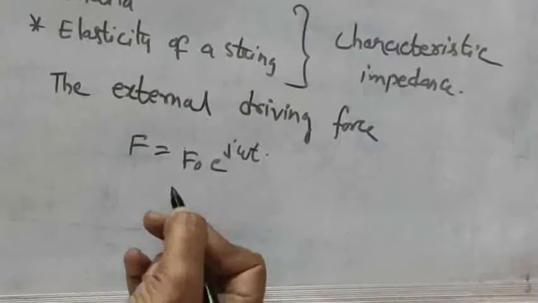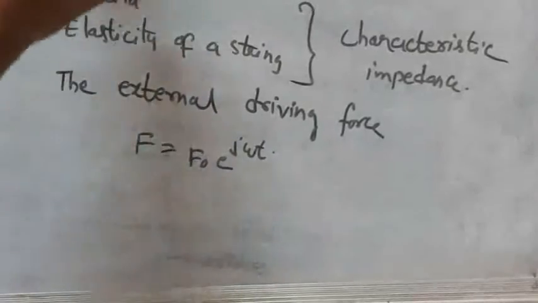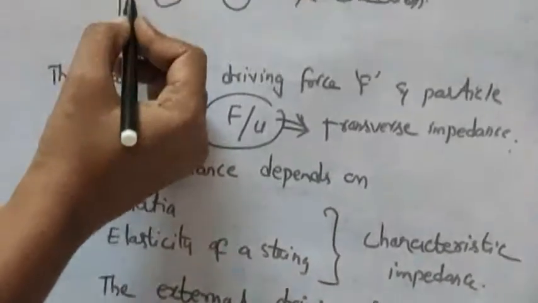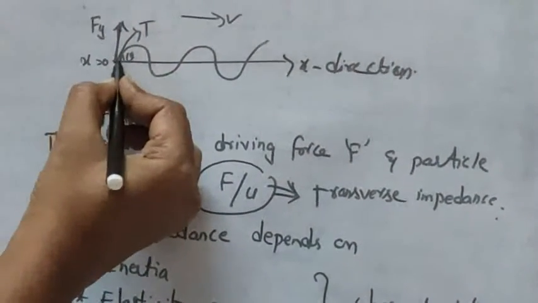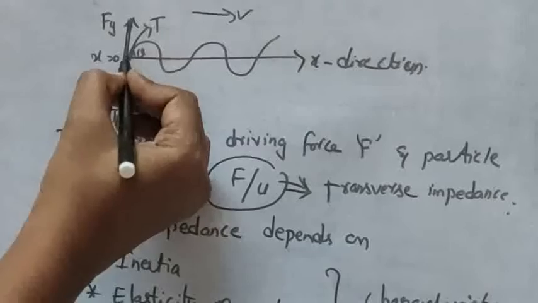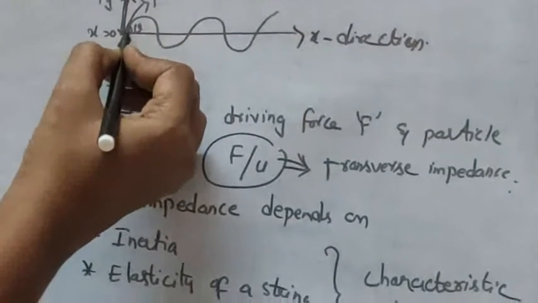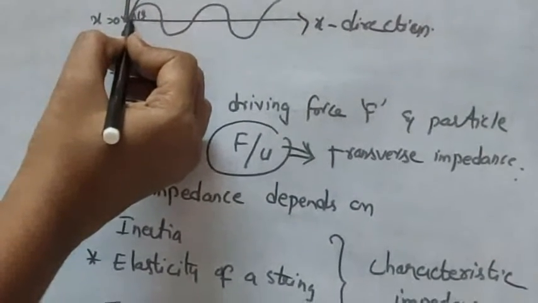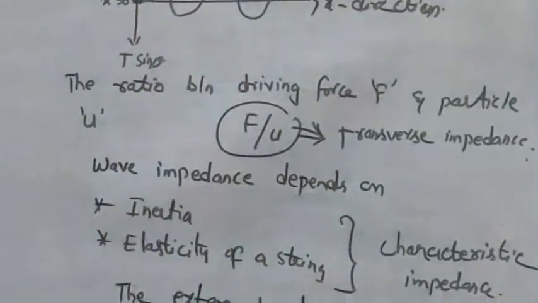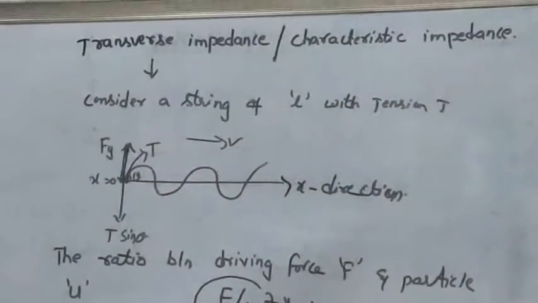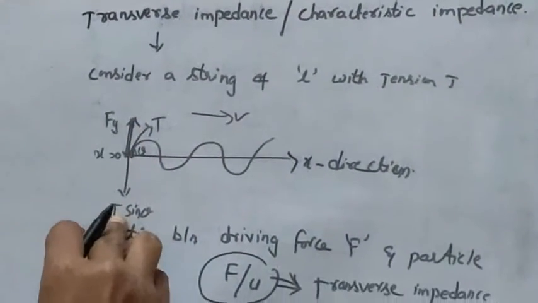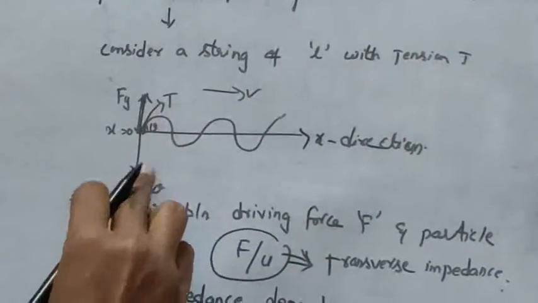That means this force is applied at one end, at x equal to 0. This external force is equal and opposite to the transverse component of the tension, that is T sin theta.